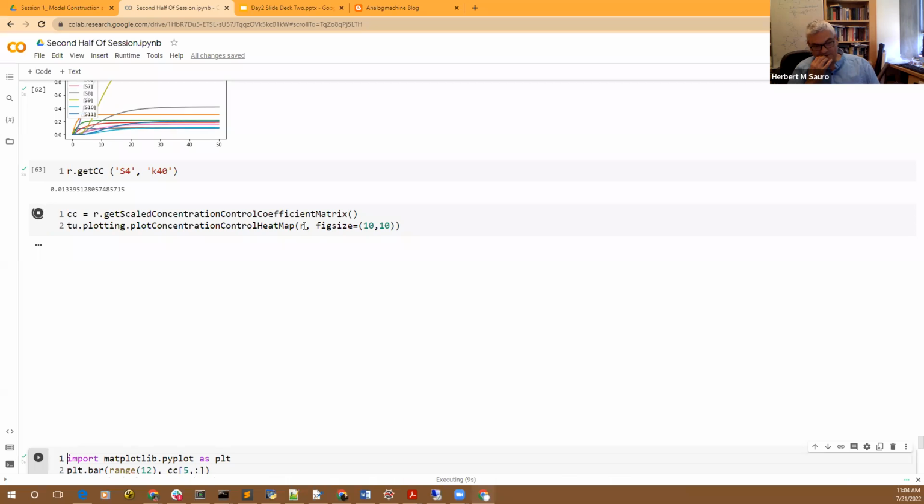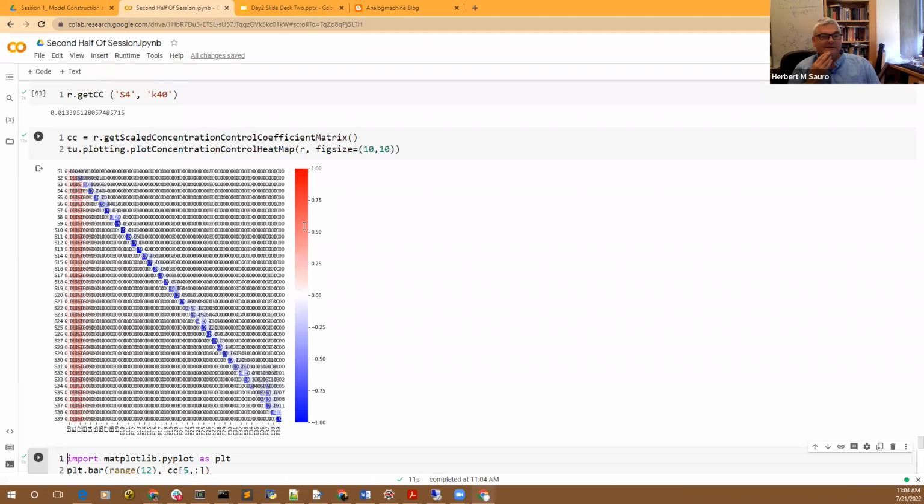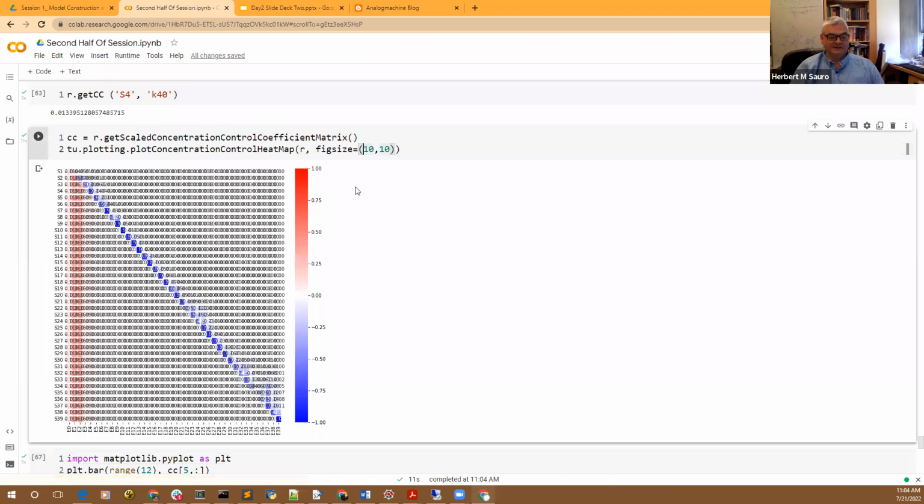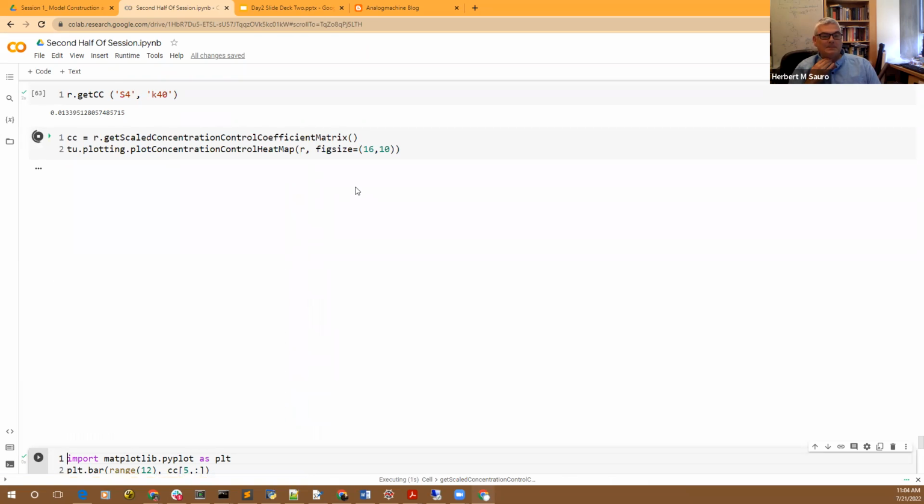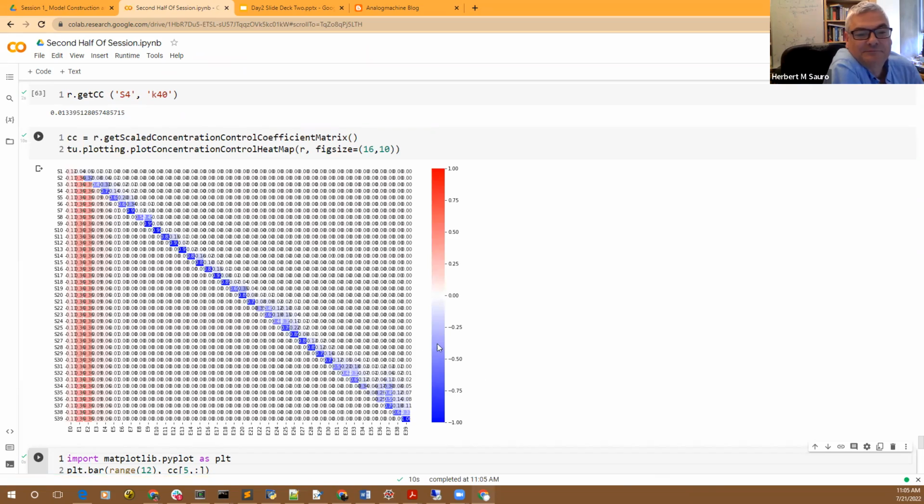It takes a little bit of effort to do the plot. No, that wasn't too good. Let's do 16. Maybe this is big enough. No, it's still not big enough.